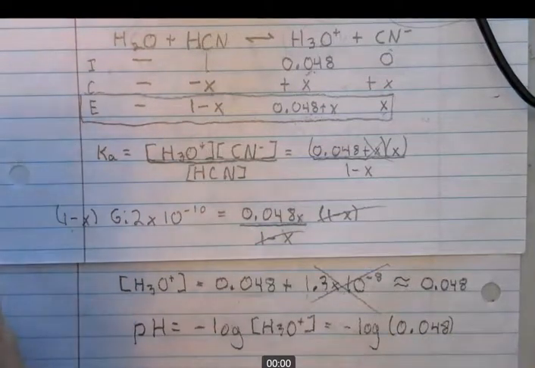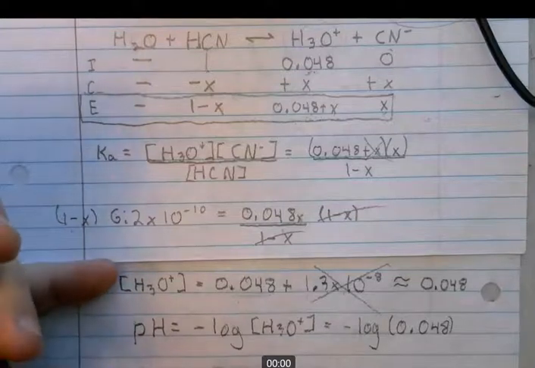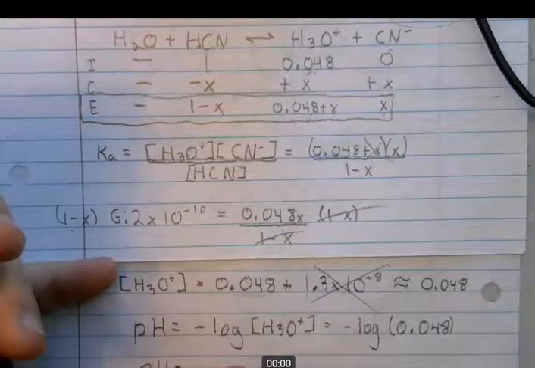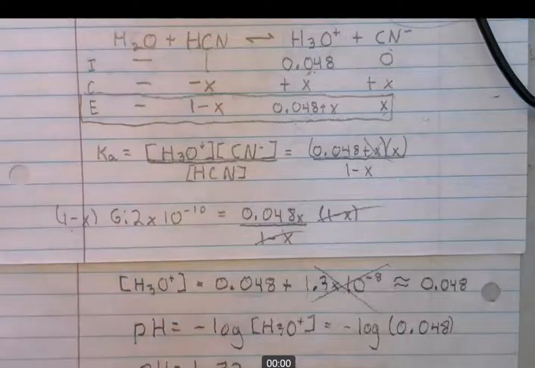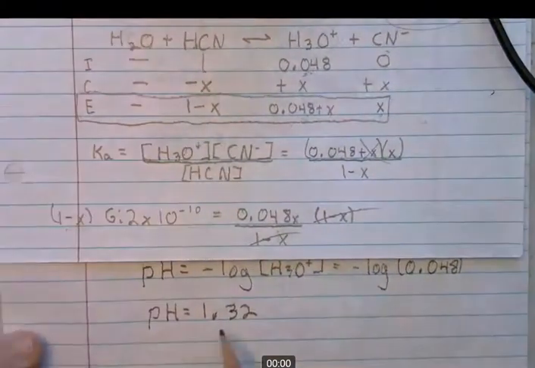And when you plug that in, you get pH equals 1.32. Their answer, again, it's a rounding issue. It's how I rounded things, but it's still a good answer. Theirs is 1.35. We're going to take that.